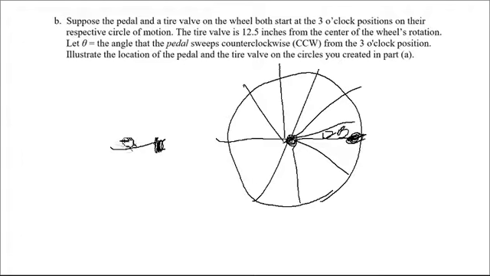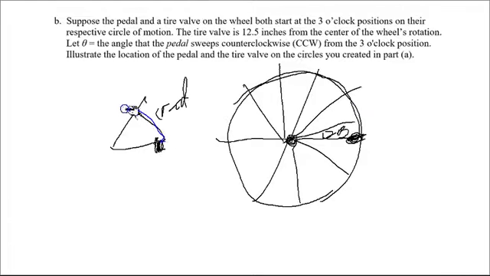So we know that if, say, the pedal is swept out 1 radian, then that is going to correspond to a 4, and let's do this in a different color.